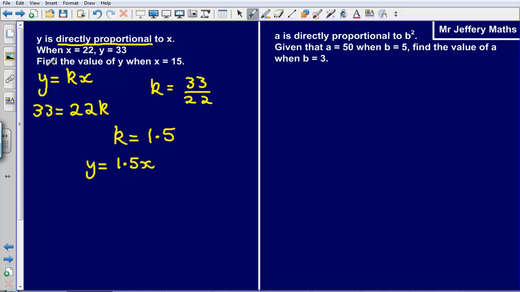Now it's asking me to find the value of y when x equals 15. I just substitute 15 into the formula that we have found, and that will tell me what y will be equal to. So y equals 1.5 multiplied by 15, and that means y is 22.5.